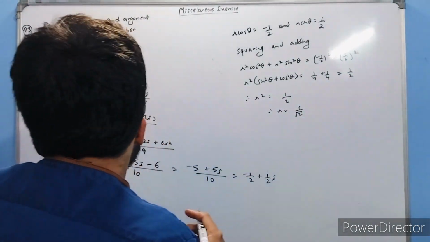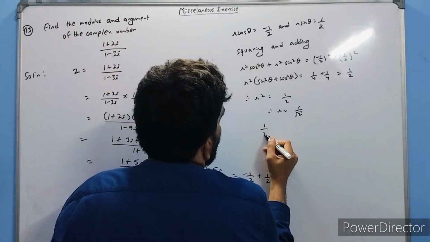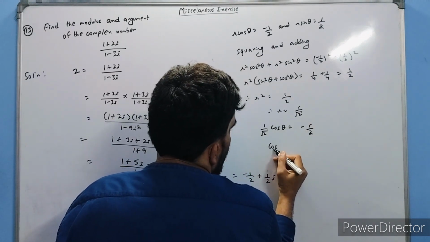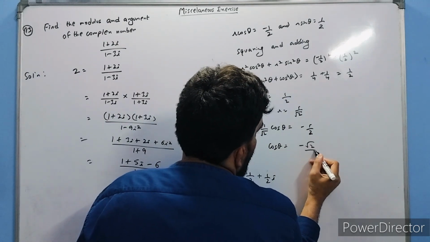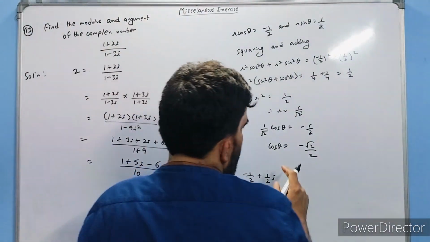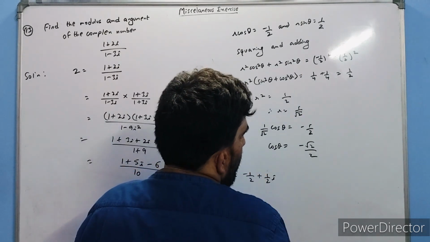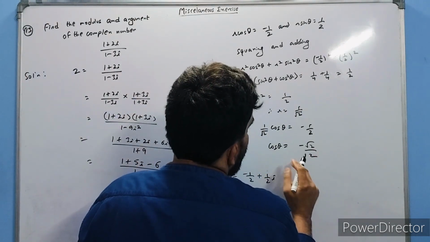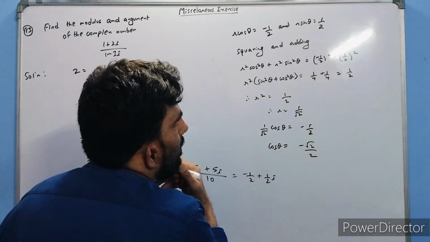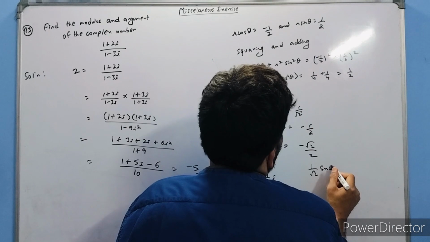Now to find the argument, we will try to find theta first. So now 1 upon root 2 cos theta is equal to minus half, so cos theta is equal to minus root 2 upon 2. Now for r sin theta, 1 upon root 2 sin theta will be half.